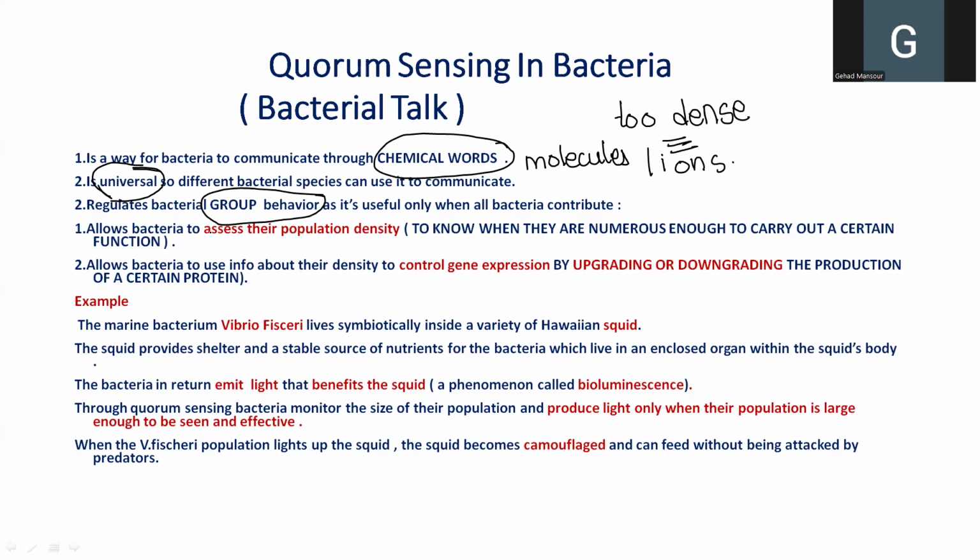And that bacterial talk, this way of talking through chemical signaling molecules, allows them to detect or identify their population density, to know how dense they are, to know how numerous they are, not only to know how numerous they are, but to know whether they are numerous enough to carry out a certain function.